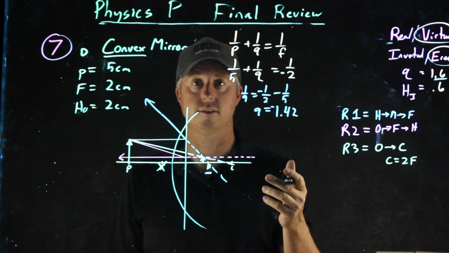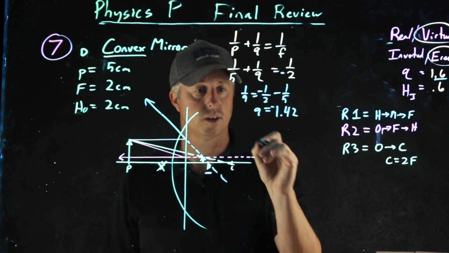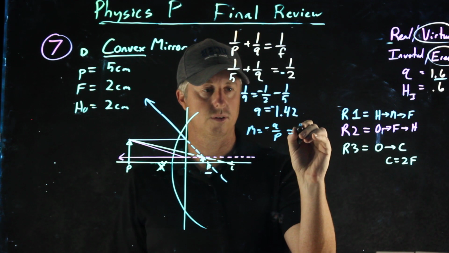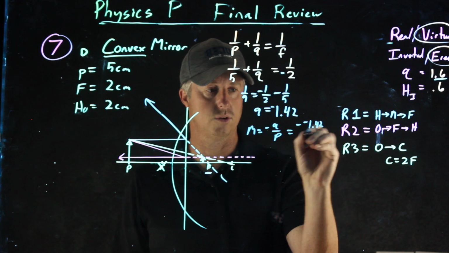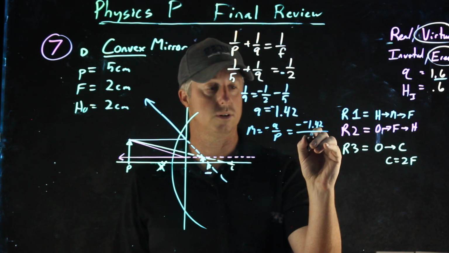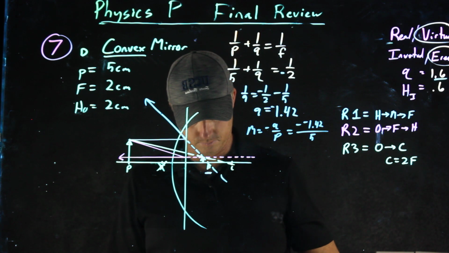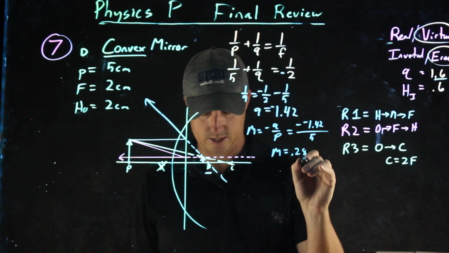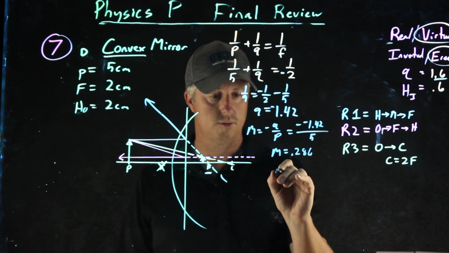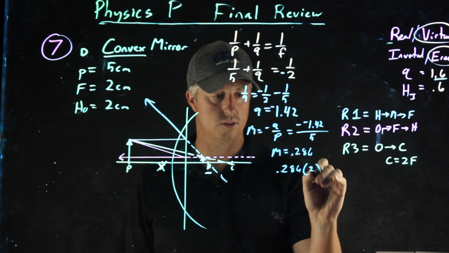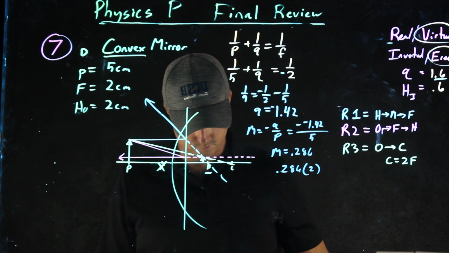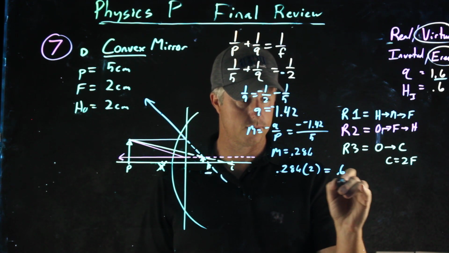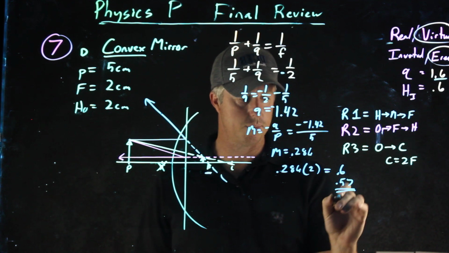From here I can do magnification. Sorry, this would be still negative because it's on the negative side. Magnification is equal to negative Q over P. So negative 1.42 all over P, which was 5. So that gives me a magnification of 0.286. 0.286 times the height of my object of 2 gave me 0.57.